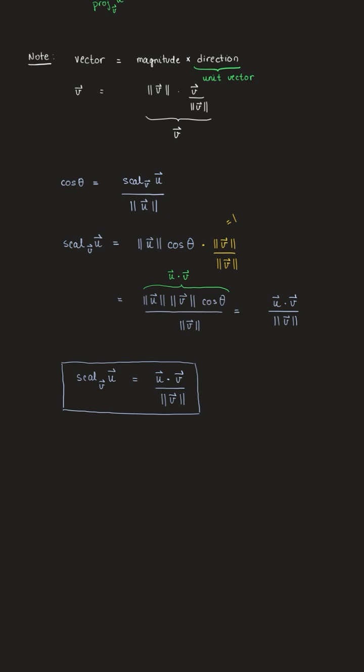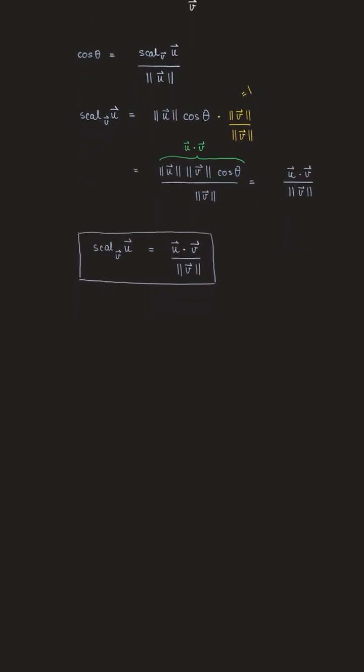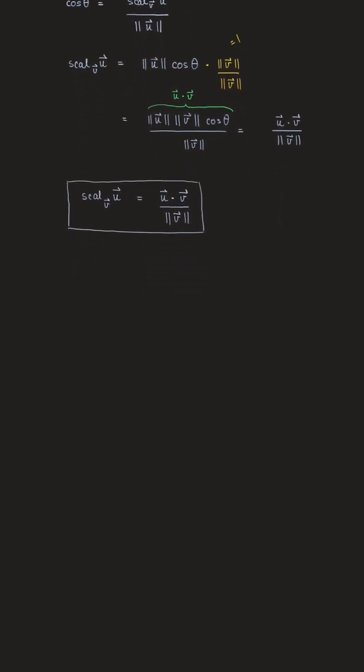Now, we also want to find the actual vector projection. So we want to find the vector that is the projection of u onto v, the component of u in the direction of v.